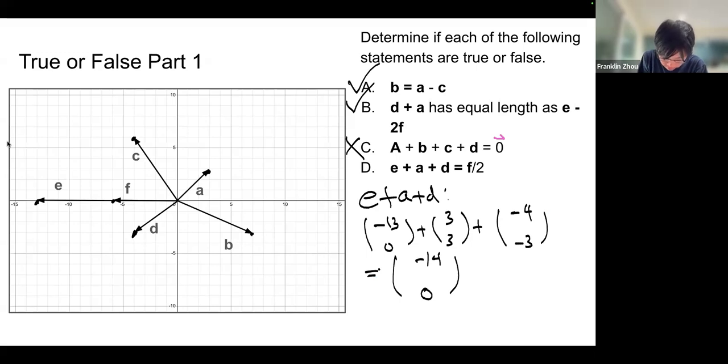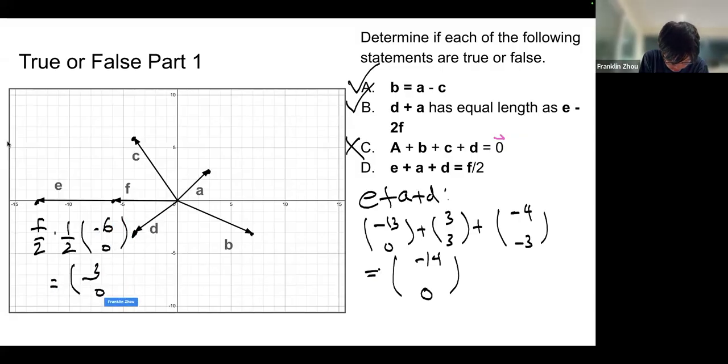And if we look at f over 2, it would just be half of this vector, which is equal to minus 3, 0. And these are definitely not the same, so part D is also wrong. I don't think these are particularly challenging since we're just adding and subtracting like algebra 1. So I think you should be fine with these problems.